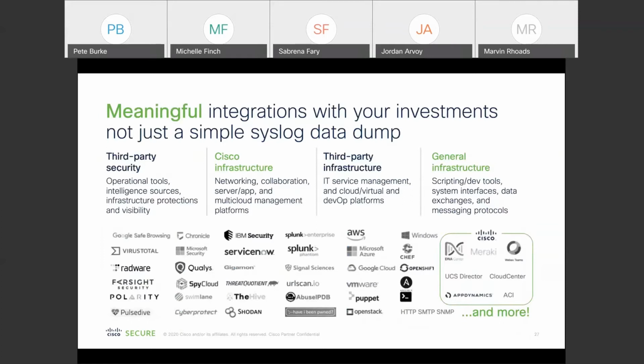The integrations are not only Cisco infrastructure, but between third-party security tools, third-party infrastructure, and your general infrastructure. So that could be scripting or dev tools, data exchanges, messaging protocols, having SecureX create messages within WebEx Teams, for instance, through the API.